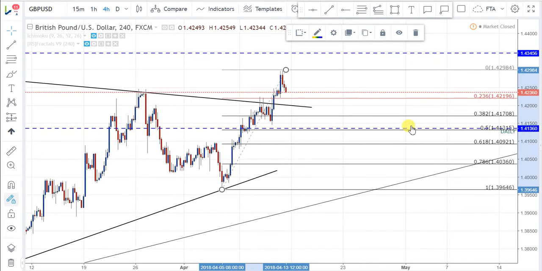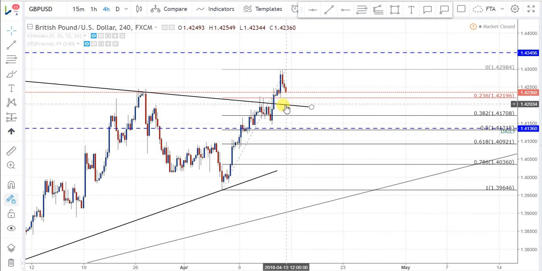So our trend line will be somewhere in the area between 23.6 and 38.2% pullback. So we could drop below this trend line support area before we ultimately go higher in the overall trend.